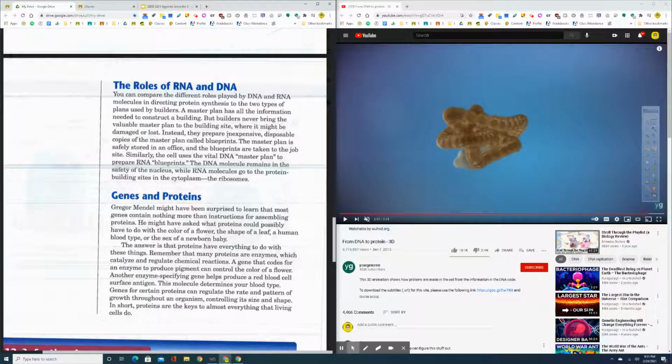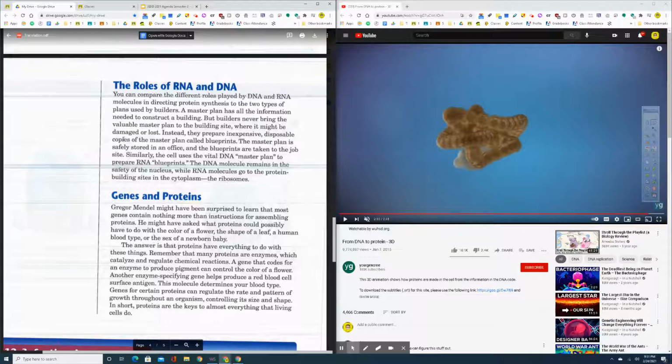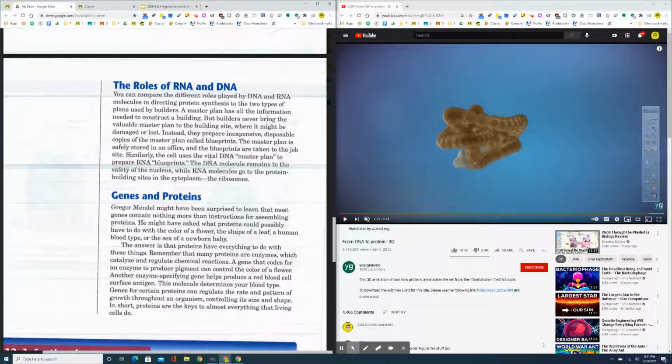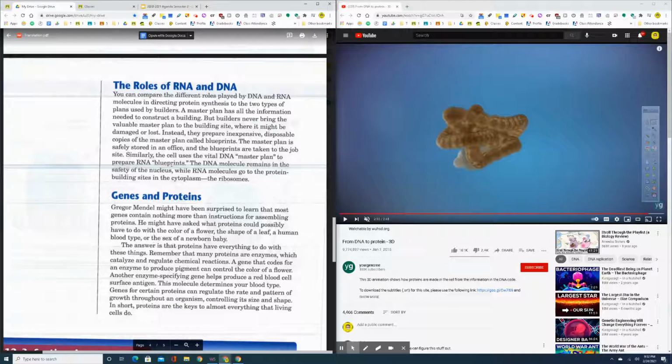Instead, they prepare inexpensive disposable copies of the master plan called blueprints. The master plan is safely stored in the office, and the blueprints are taken to the job site. Similarly, the cell uses the vital DNA master plan to prepare RNA blueprints.